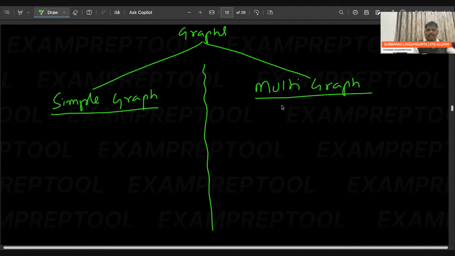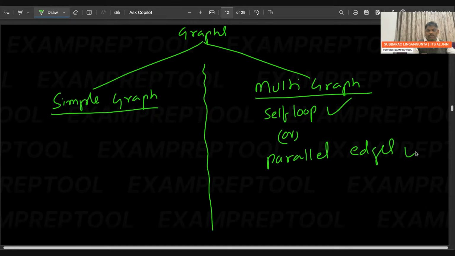What is the meaning of multi-graph? In the case of the multi-graph, self loops are allowed, or parallel edges are also allowed. In the case of a simple graph, self loops are not allowed, and parallel edges are not allowed. Both are not allowed in a simple graph. In the multi-graph, both are allowed. This is the major difference.